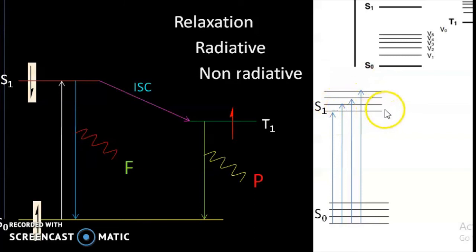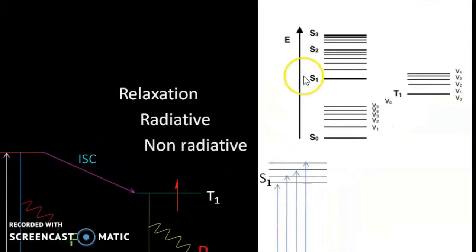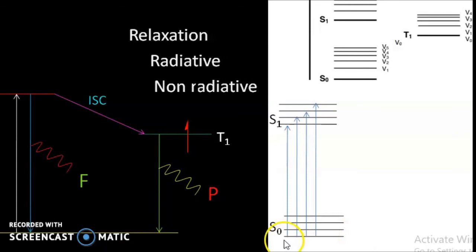So the electron from the ground state can move on to the lowest vibrational energy level of the singlet excited state, or the second, or the third, like that.